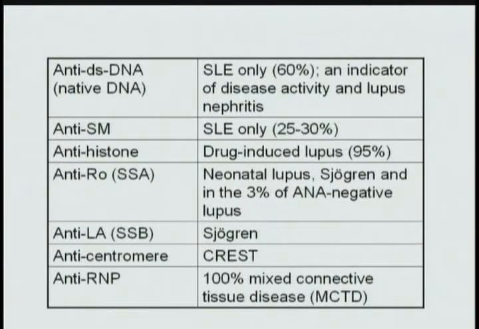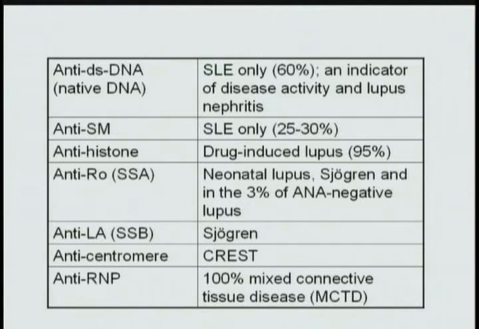The specific antibodies that I was talking to you about are a little bit different. The first two I want you to know are the two that are associated with lupus. Here they are: the anti-double-strand DNA antibodies and the anti-Smith antibodies. Both of those are seen in lupus, and you can see the percent here. We don't see them in all lupus patients, so they're not sensitive.